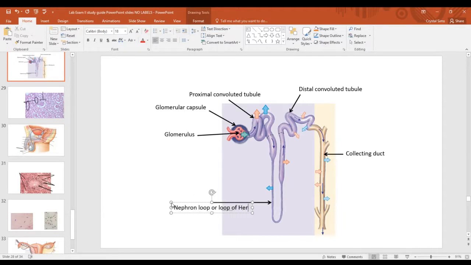Yes. So the distal convoluted tubule is what connects to the collecting duct. And then my proximal convoluted tubule is the one on the other side. Okay. Now, connected to my proximal convoluted tubule, what do I have next?